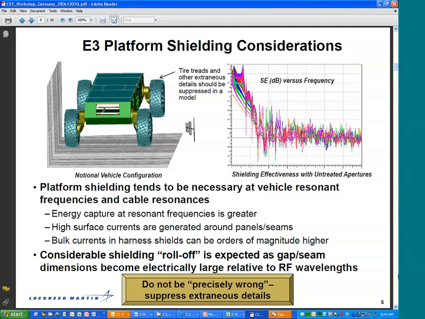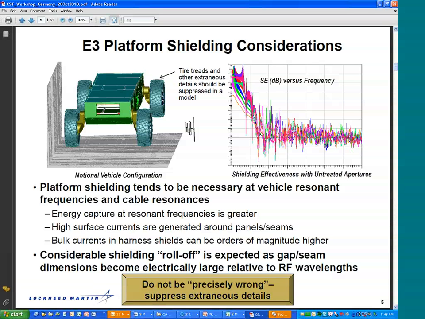Eventually, you enter a part of the response of the structure where it is overmoded and you get very complicated, multiple reflections in the cavity, and things look rather statistical. You don't have to move very far in a cavity before you're moving from a maximum to a minimum, and so it's very complex after you reach the higher frequencies of that cavity, depending on the size.